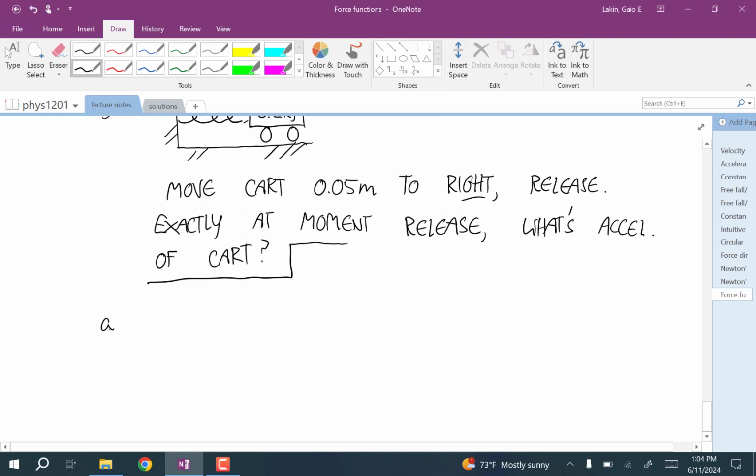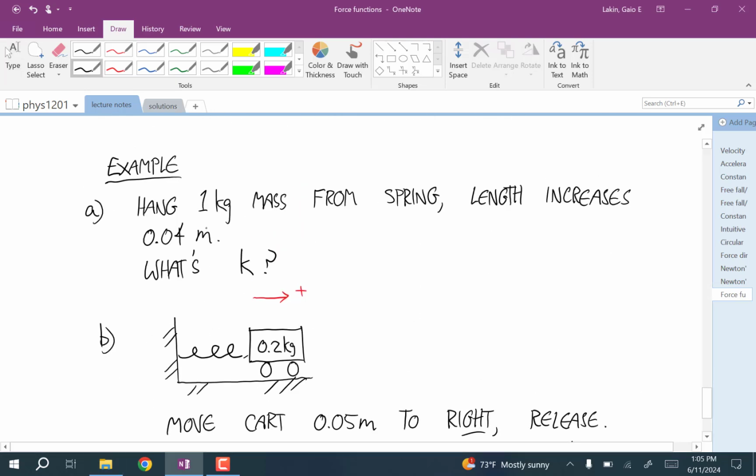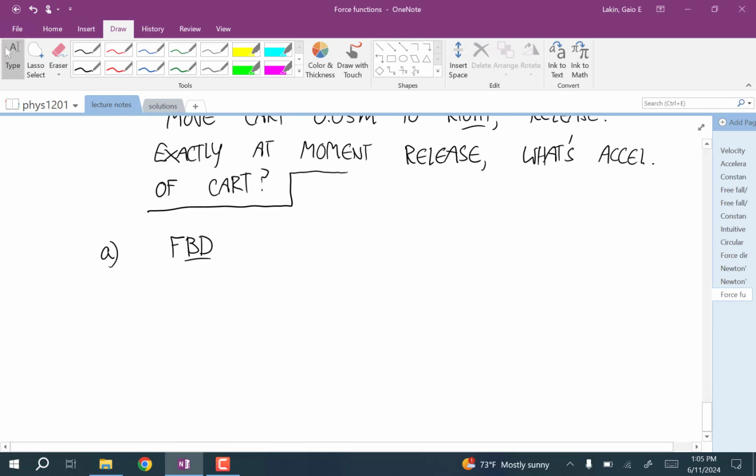Okay, so first we have to calculate the spring stiffness. I'm going to draw a free body diagram of the mass that we're hanging from the spring, and we said that the mass is 1 kilogram. And so we have a spring force like this, and the weight force, which is really the important thing, is 1 times 9.8, so that's 9.8 newtons down.